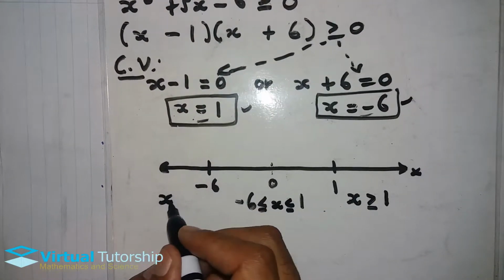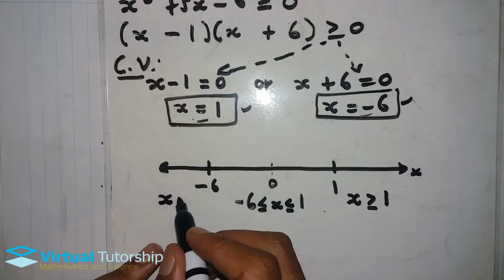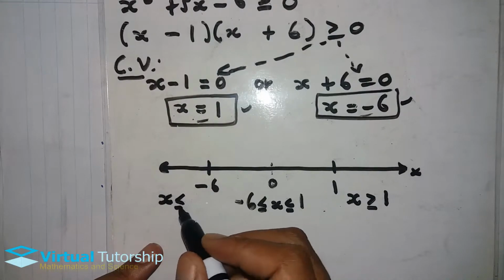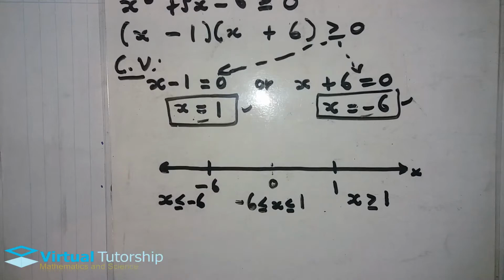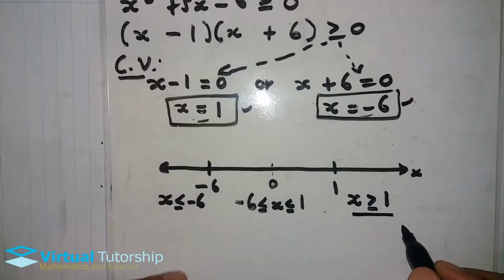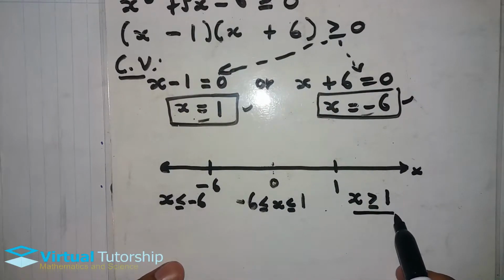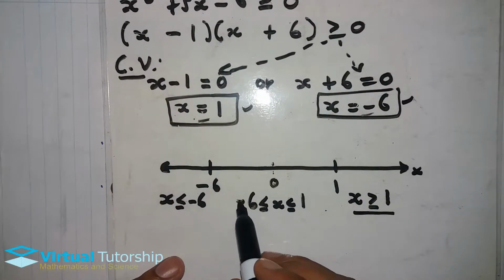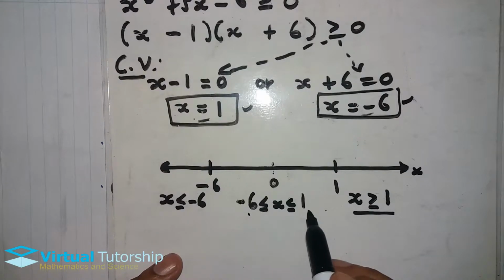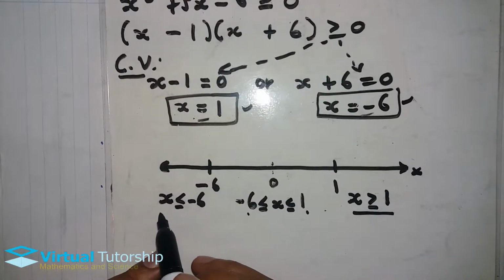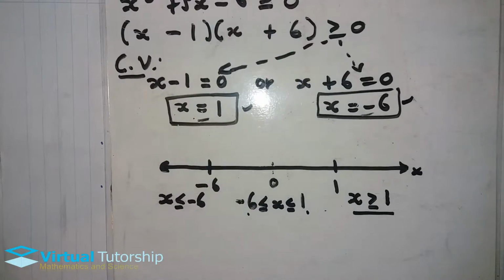Bese uyabuya uyi-check for ama-x values or ama-solutions are less than or equal to -6. Ngifuna ukutesta ama-values ka-x are greater than or equal to 1 nama-x values are between -6 and 1, and then nama-solutions are less than -6, ne? So singathatha any number greater than 1 asisebenzise u-5. I think ngithole i-calculator.